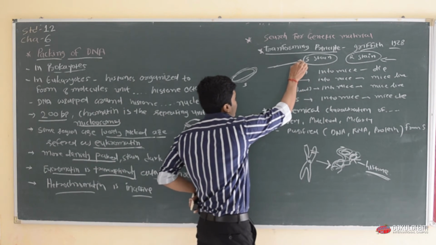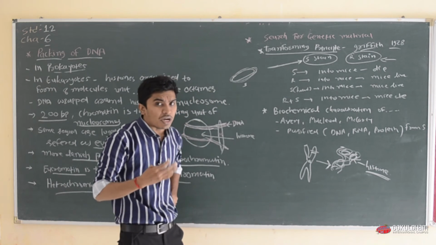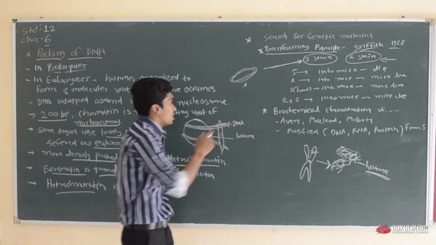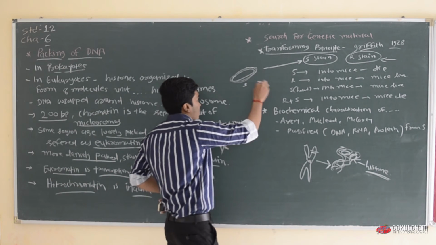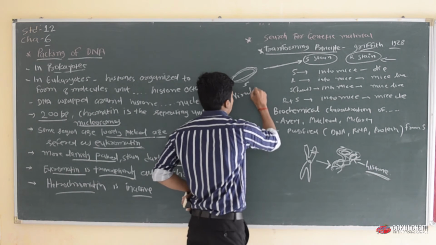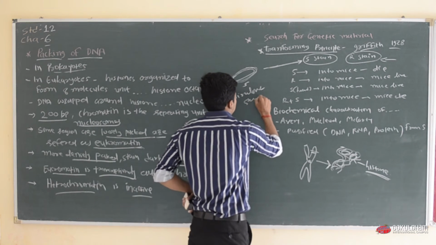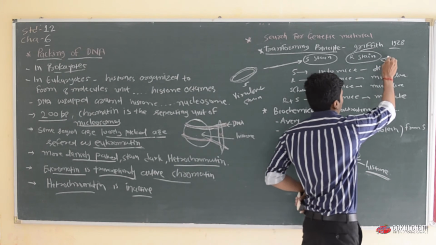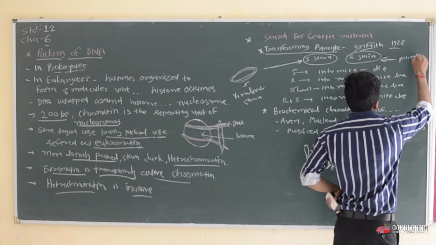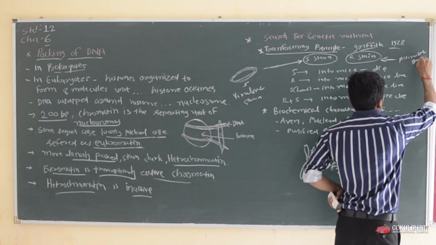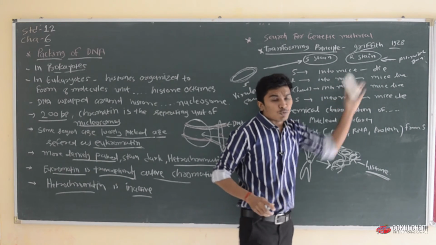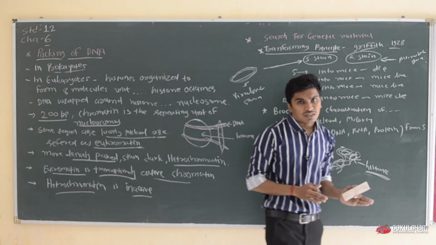The smooth strain bacteria will not die in the animal body, and it will produce a disease known as pneumonia. So this strain is known as the virulent strain. And the rough strain is known as the avirulent strain, meaning this strain does not produce pneumonia in animals.